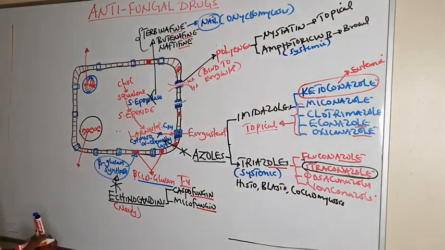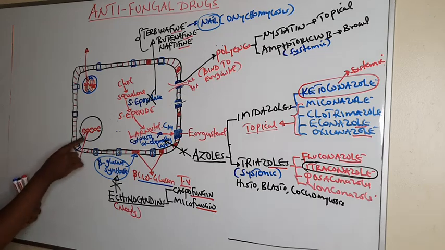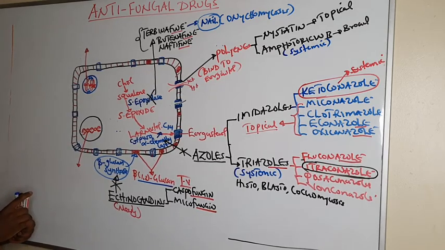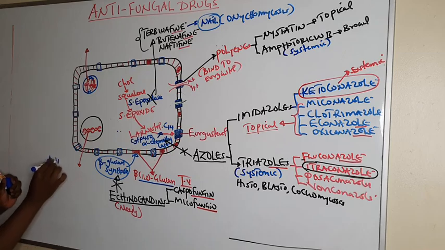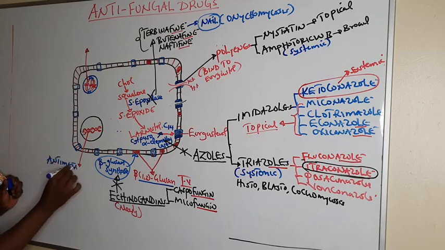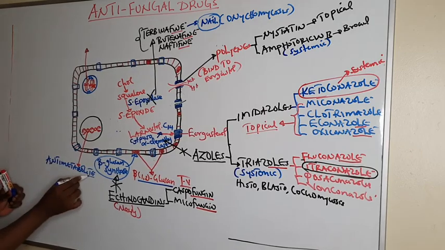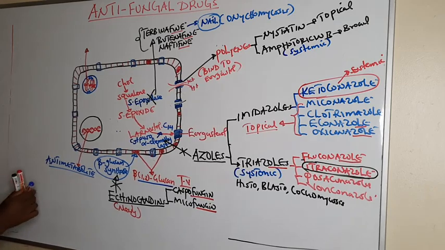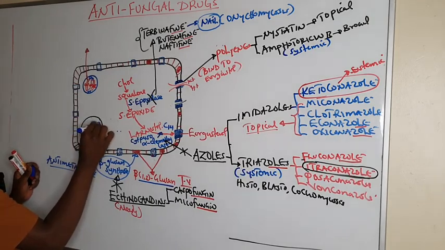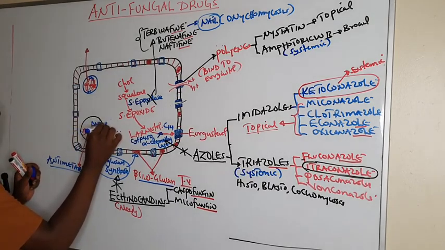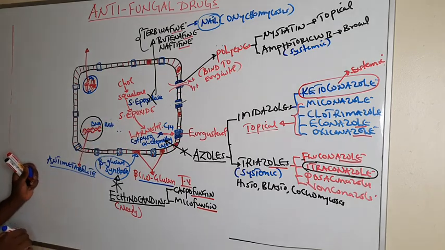So the second last category of drug is also what we are going to look at here. This drug is an antimetabolite, whereby it acts by inhibiting the synthesis of DNA, and sometimes RNA, in the cell, in the cytoplasm.